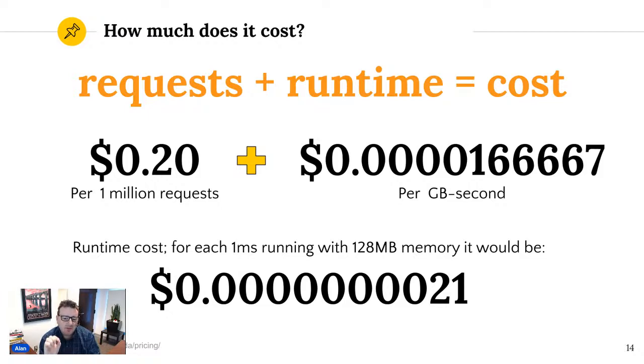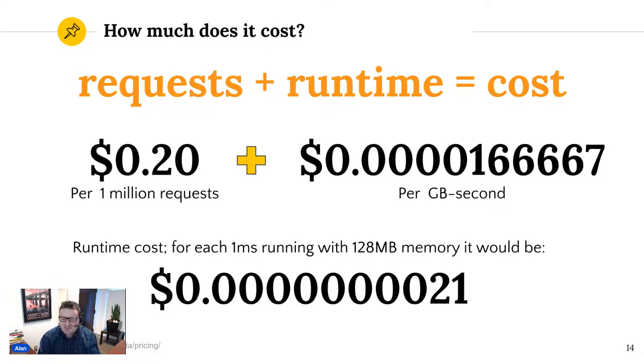Now, this is not the amount of memory your function has used. This is the amount of memory that you have allocated to your function, right? So an example here is for every request that's coming in for a function that's been allocated 128 meg of memory to run, there's like 8 zeros there before we get to actual cost. So as you can see, it's not a lot of money we're talking about here.